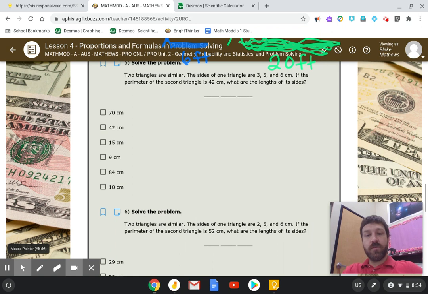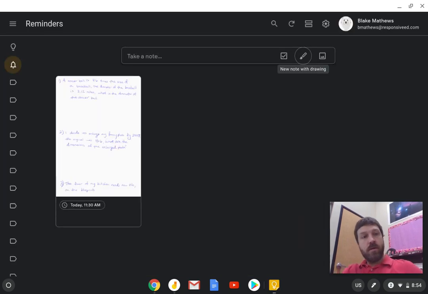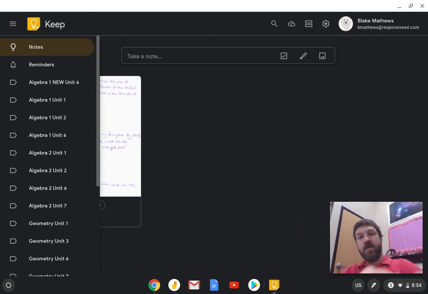So in general, when you start a new note here.